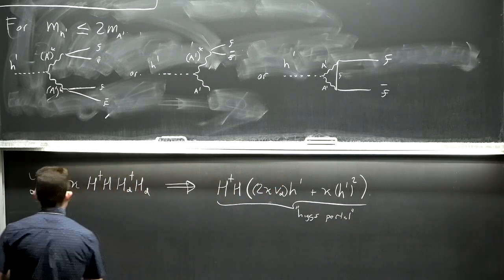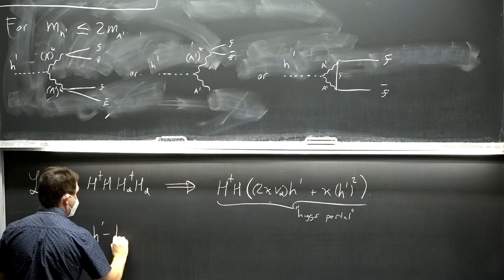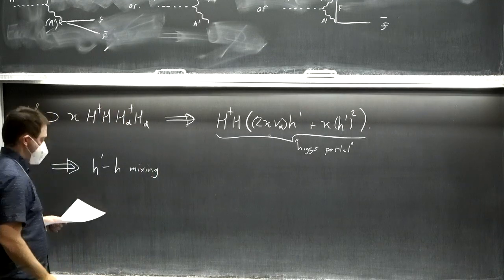So this is the standard Higgs portal, as it's often written in the literature. And this implies that we have dark Higgs, standard model Higgs mixing. And that's a big deal.